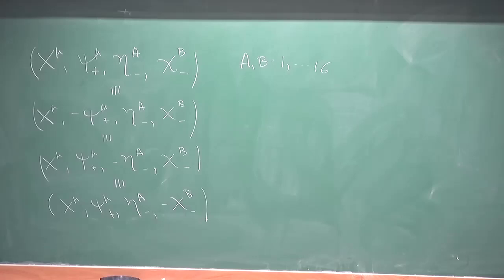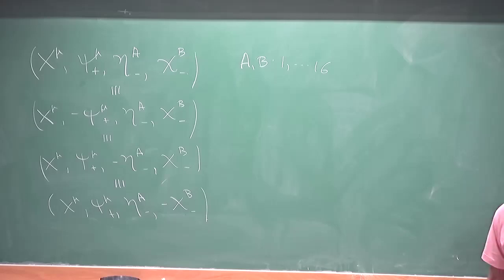You are not discussing O16 times O16, that's a different theory altogether. Right? This theory that I have described looks like its symmetry is SO16 times SO16. But we will see why it's called 8 cross 8. Okay, at this stage, the symmetry is SO16 times SO16. Is that clear?